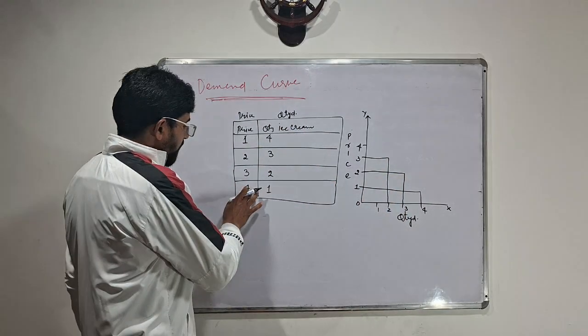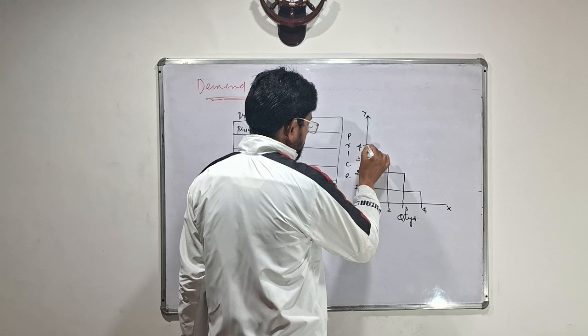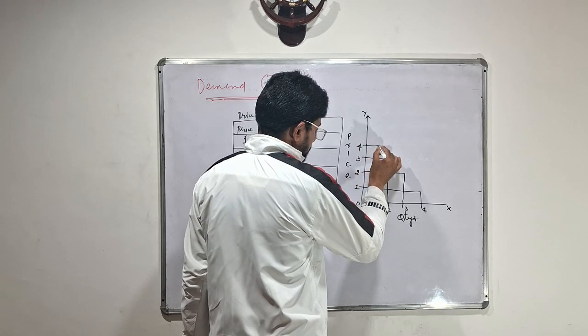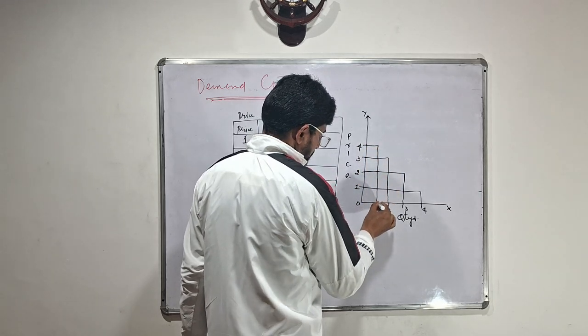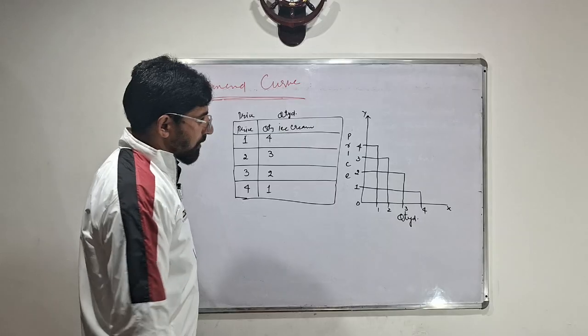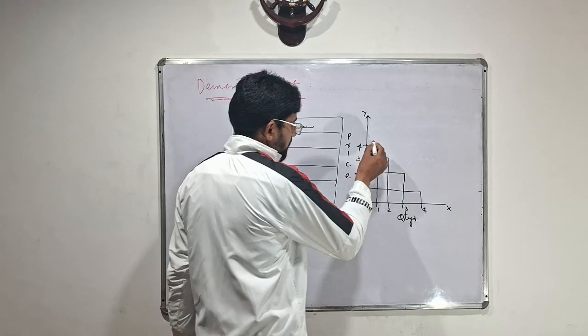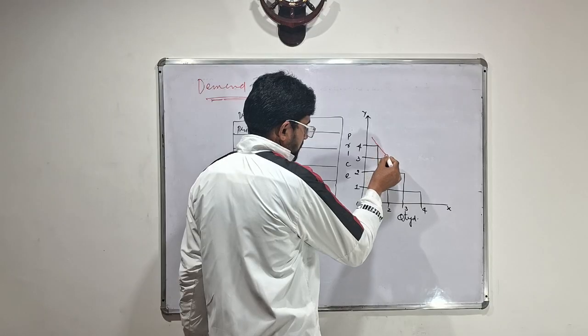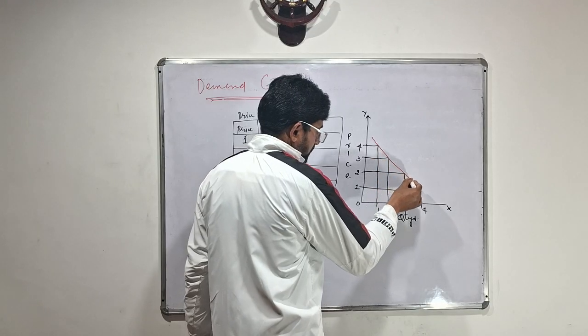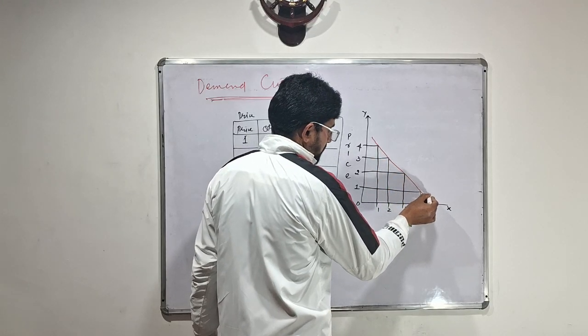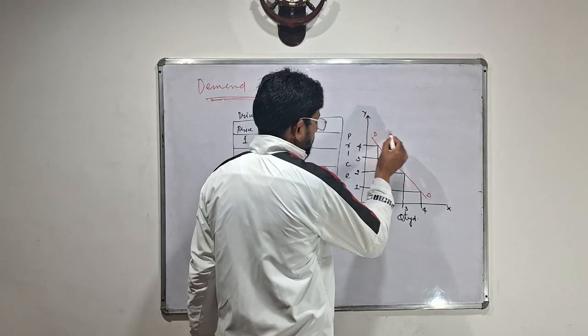Similarly, at price 4, quantity demanded is 1. On the basis of this, we have to join these points. The curve we get, this curve we call the demand curve.